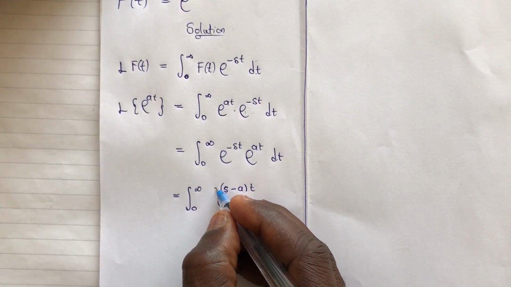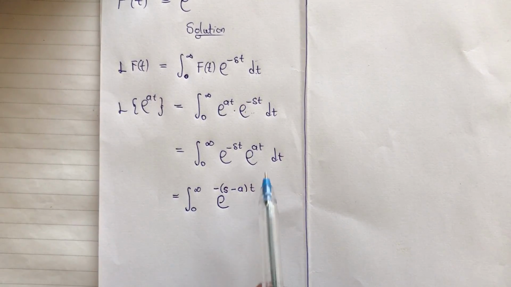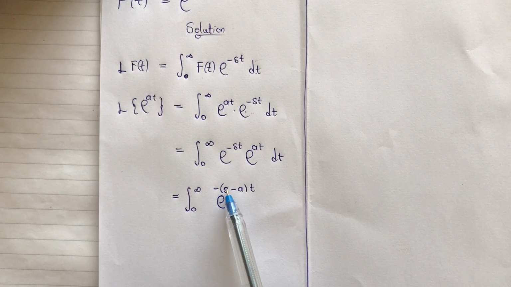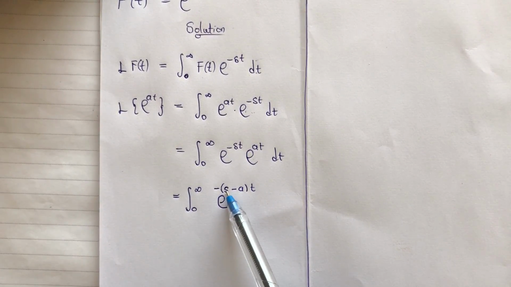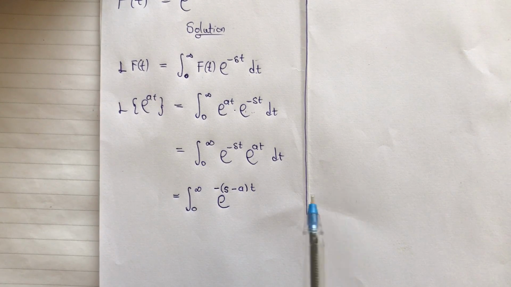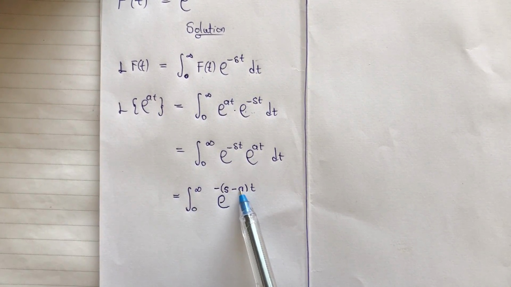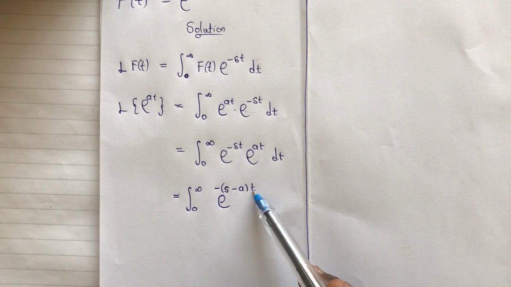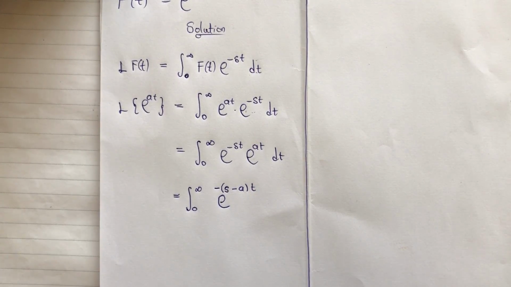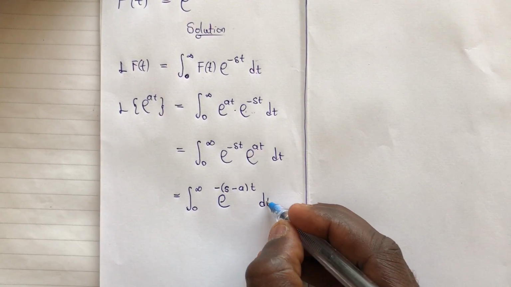Now this means that when I multiply this by s, I get negative st, and when I multiply this by this, I get positive at. Because this t belongs to both of these. Do we get the concept now? dt, and that is it.